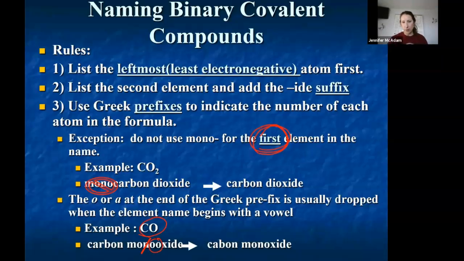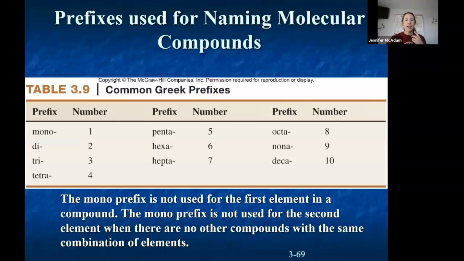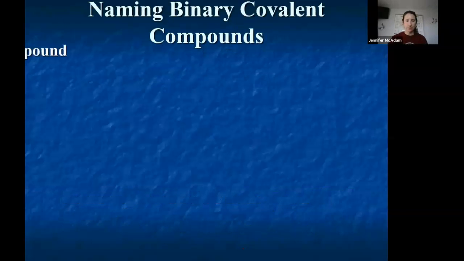If you accidentally leave both O's there, I'm not going to count it wrong. It's fine; it's kind of based on what it sounds like. Here you can notice there's 1 oxygen. We do use mono for the second element. You'll see this as we practice. And here are those Greek prefixes that we all need to know.